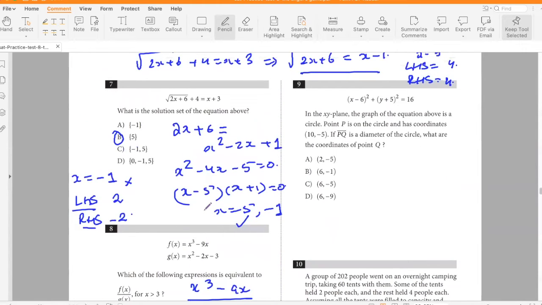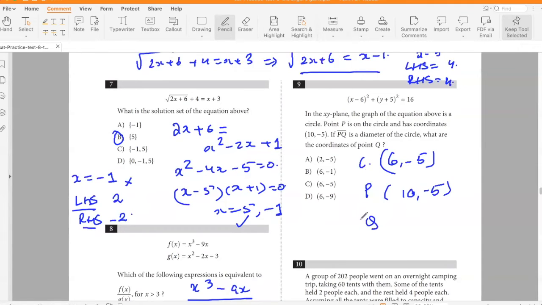In the xy plane, the graph of the equation above is a circle. Point P is on the circle and has coordinates 10, negative 5. If PQ is the diameter of the circle, what are the coordinates of point Q? Okay, so the center of the circle will be 6, negative 5. So this is the center. And point P is 10, negative 5. And PQ is the diameter.